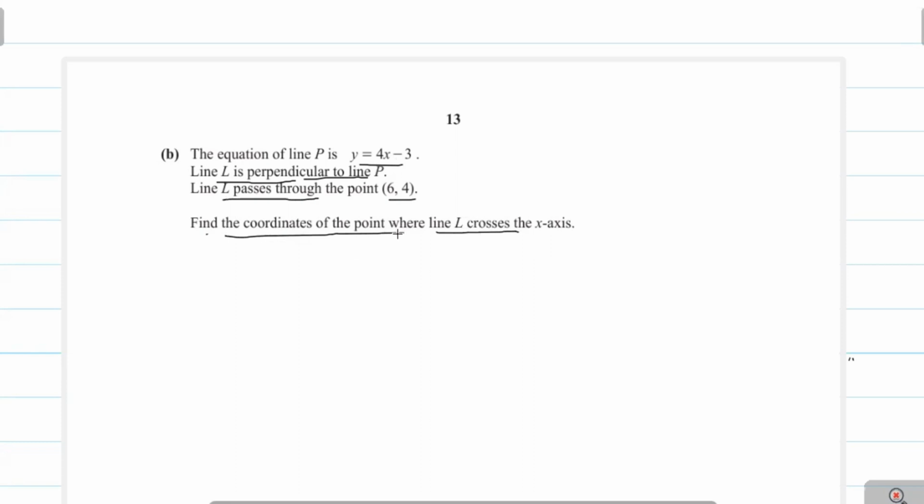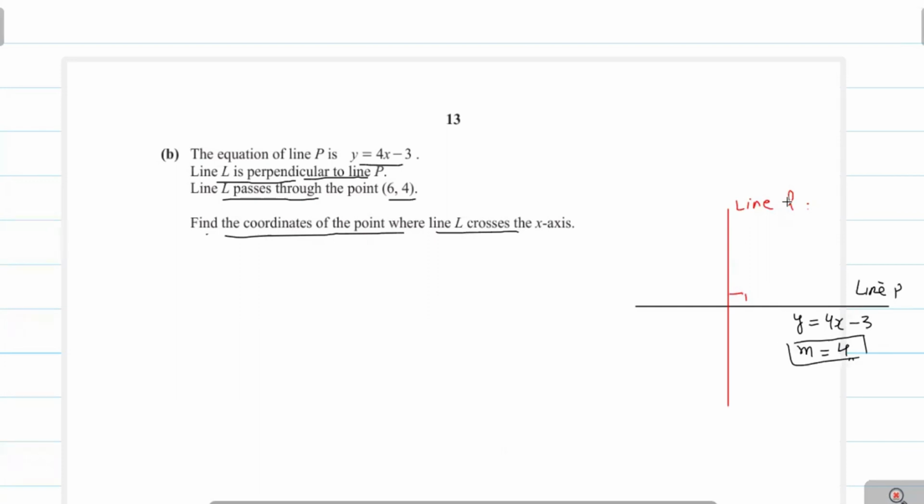To find the coordinates of this point, firstly we will find the equation of line L. Suppose this is the line P, and its equation is y equals 4x minus 3, and the gradient of this line is 4. We have to find the equation of line L, which is perpendicular to line P. Suppose this is the line L.